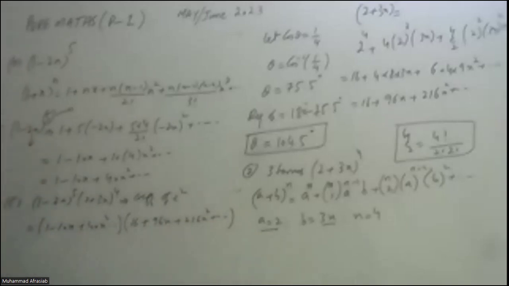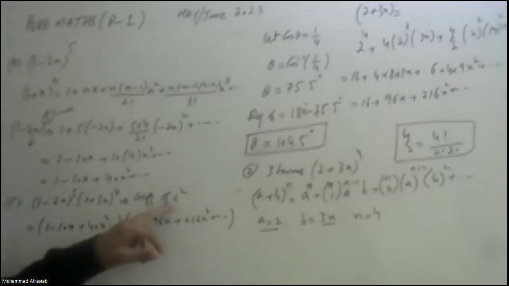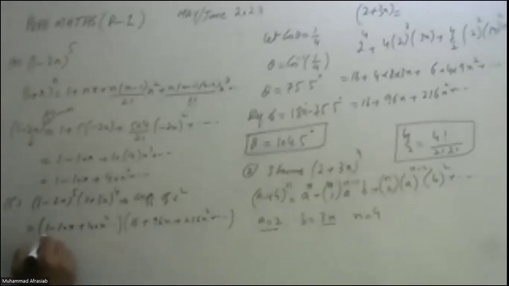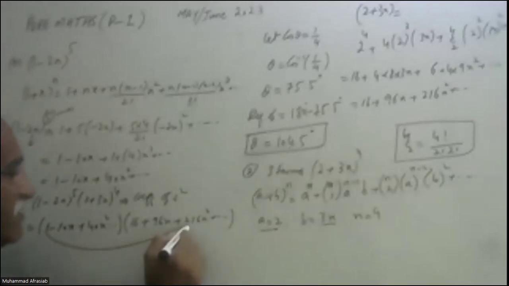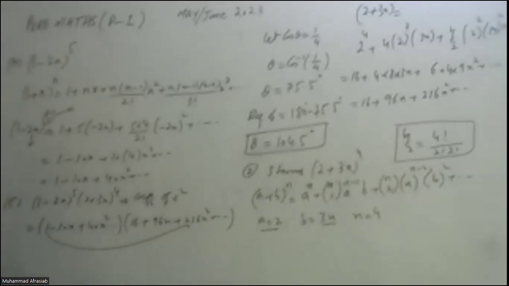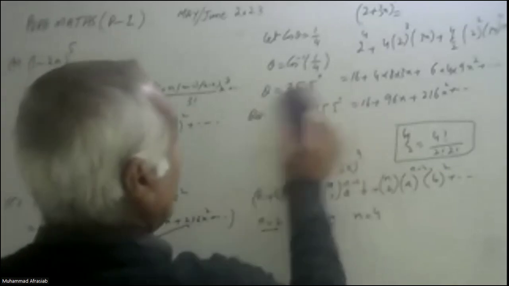But here we require only the coefficient of x squared. So 1 is going to be multiplied by this 216x squared, this minus 10x is going to be multiplied by this 96x, and this 40x squared is multiplied by this 16 for the coefficient of x squared.